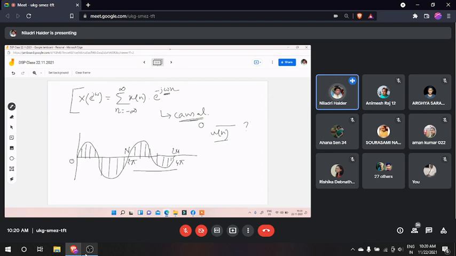So what you can do, you can represent that one period by a circle, because all of you know that one circle defines a range of 2π. Meaning if you start from here and after a complete cycle you come back here, that means you are traveling a range of 2π.